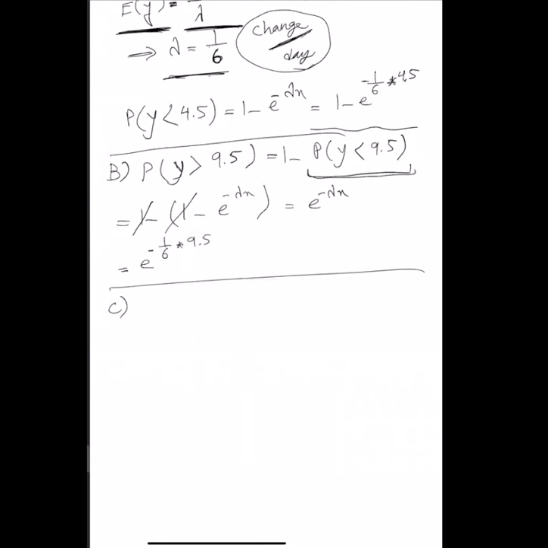Basically it asks what this time is, such that with probability of 90%, the random variable which captures the time till the next change is going to exceed it. So with 90% probability, the time till next change exceeds this value.